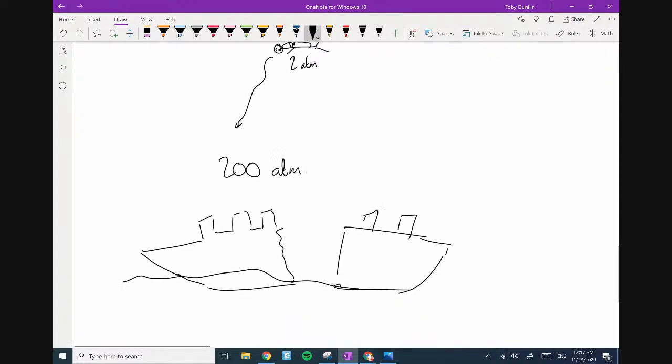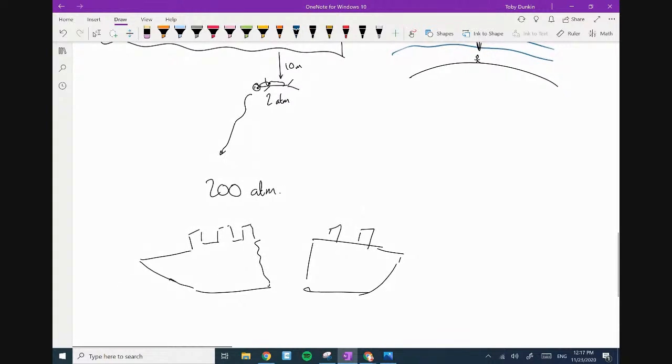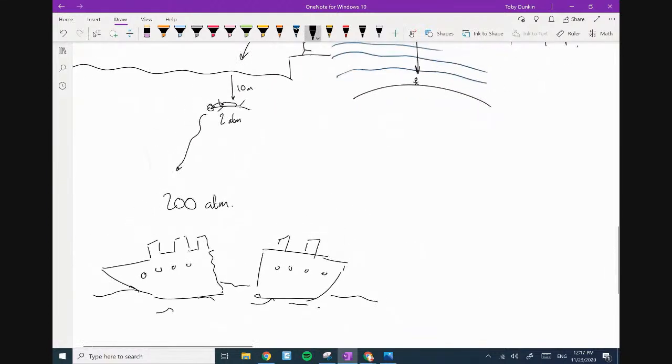Any ideas? Check it out, I like it. Well done, helping. Give or take 2,000 meters.